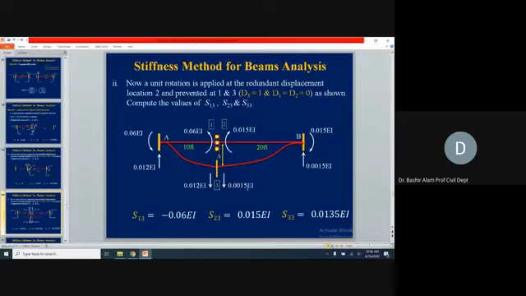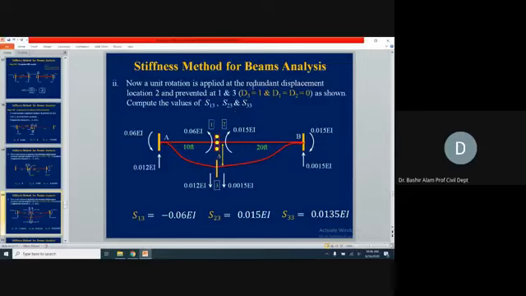And S33 will be the summation of this one, in the D3 direction, so both are positive. So 0.012 plus 0.0015 EI, which when we add them up comes to 0.0135 EI. S33 is generated, and the third column of the AMD matrix is also generated from this sketch.